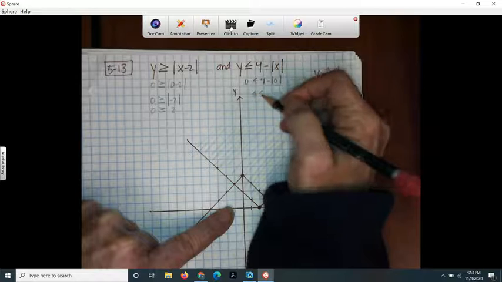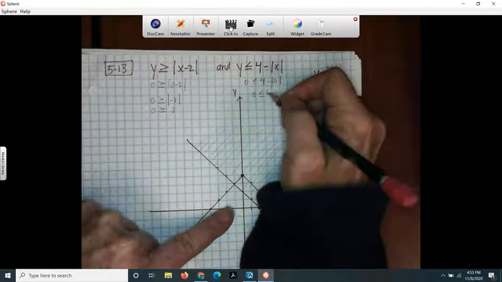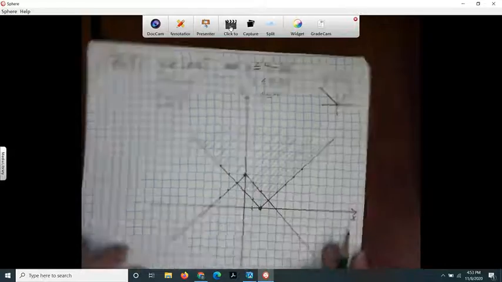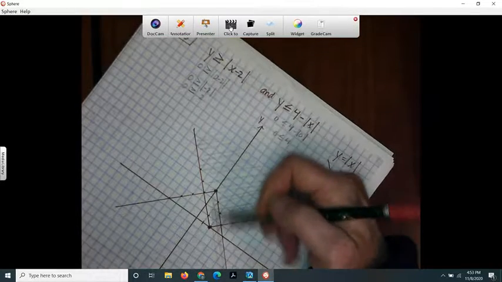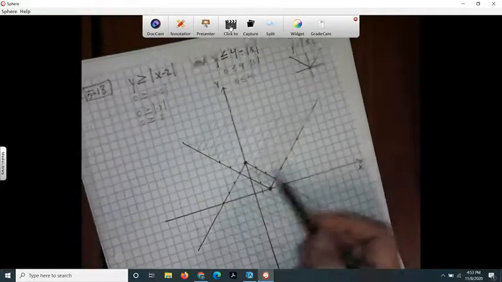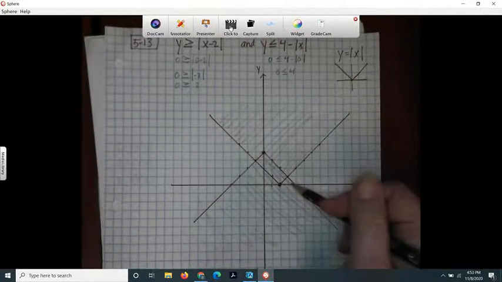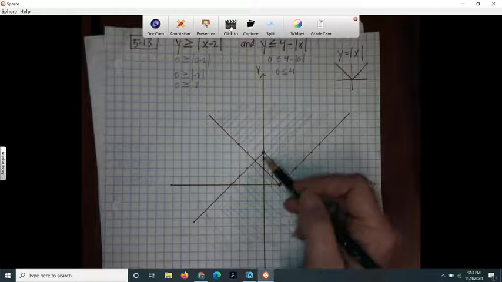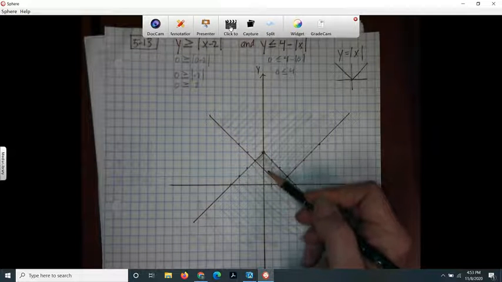Is the absolute value of 0 actually less than 4? Yes. So maybe I'll shade it this way. And where the shading overlaps is in this box right here, so it'll be more darkly shaded inside this box.